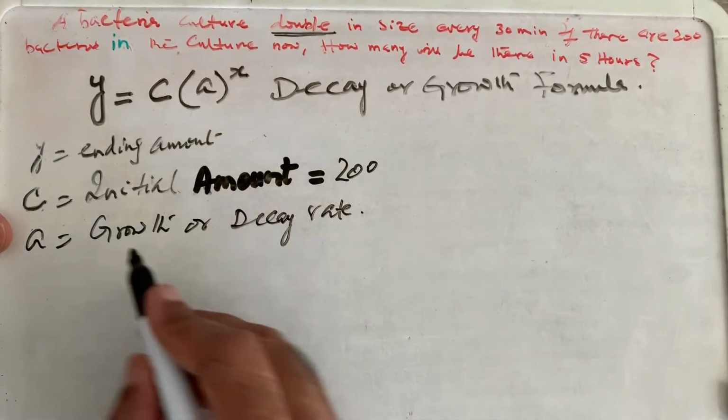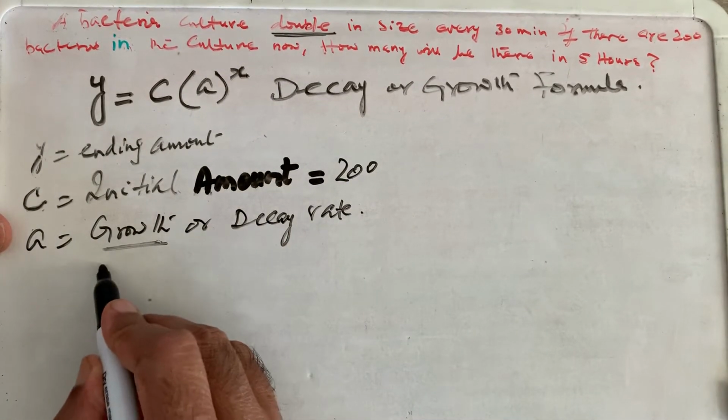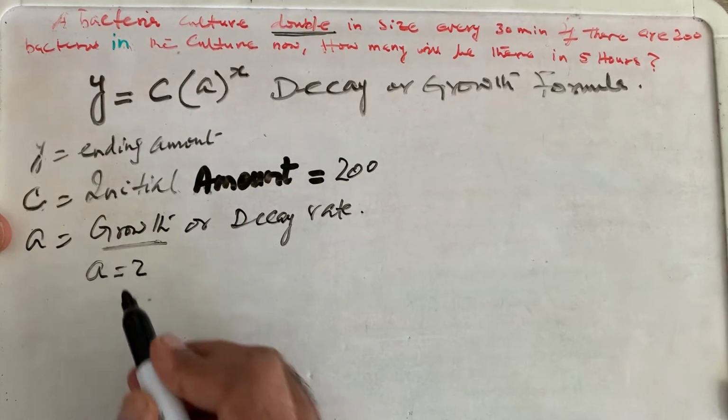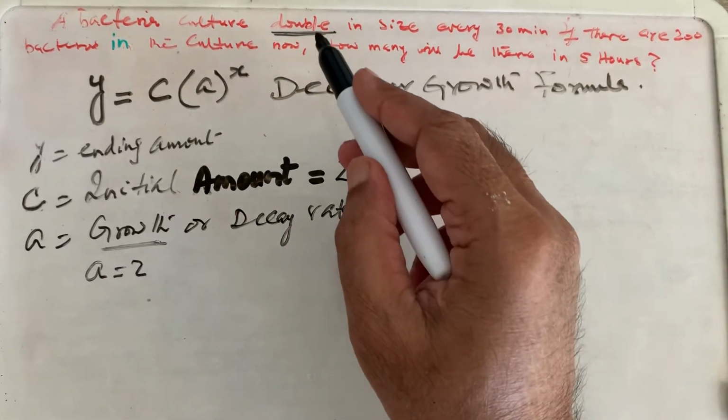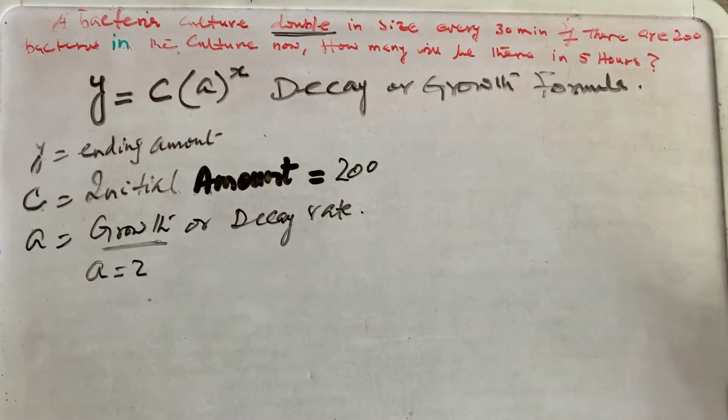It's increasing, it's growth. So here a equals 2. It's a growing or increasing function because the bacteria is doubling in size every 30 minutes. Every 30 minutes they are doubled. If there are 200 bacteria in the culture now, how many will there be in 5 hours, right?